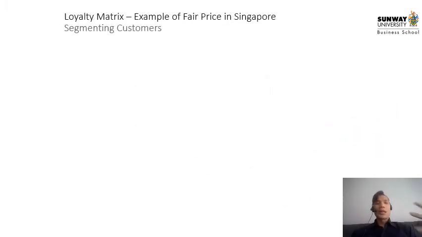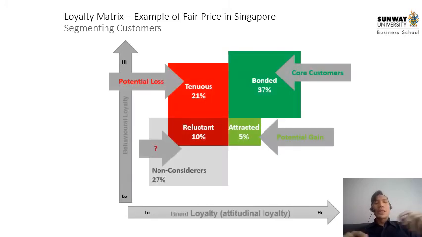So, for example, if we were to segment, let's say, a hypermart in Singapore, then we can segment the brand in such a way whereby there are people who are bonded, so people who are really, really strong core customers, right? Bonded. Then people who are potential gain, that means they see the brand and then they are attracted to it.